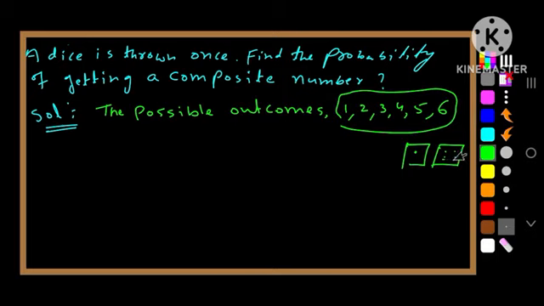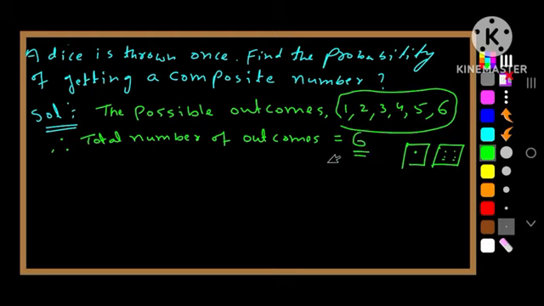So these are the possible outcomes, therefore the total number of outcomes is equal to 6.